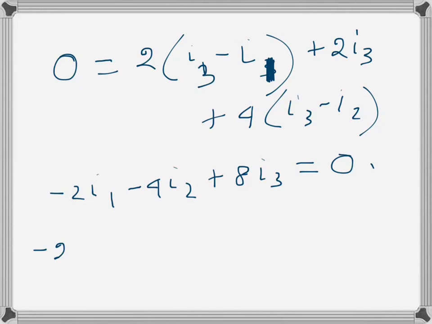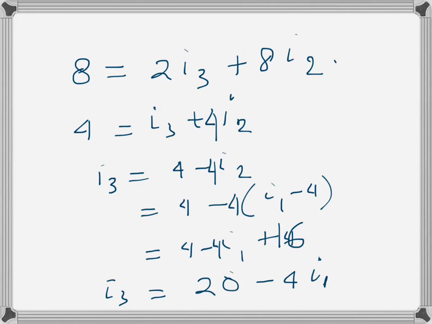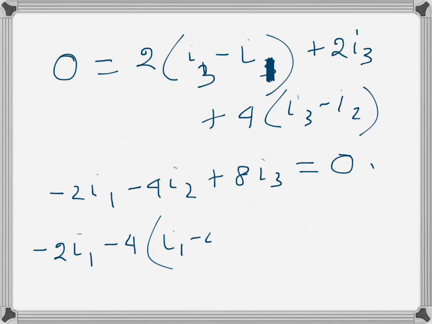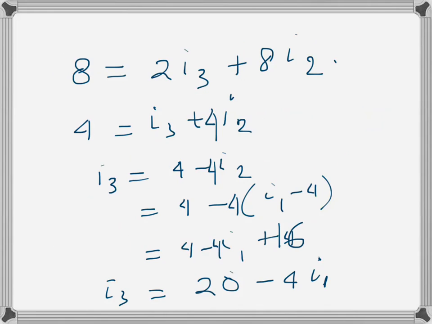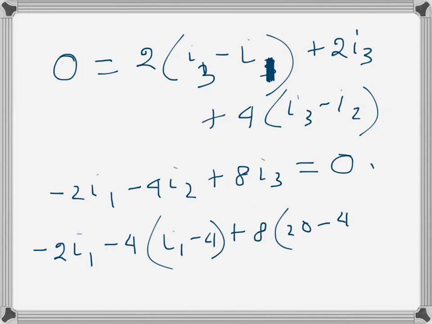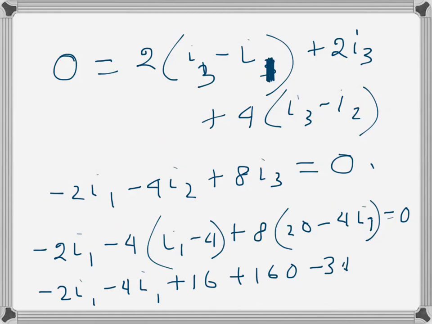Now we can write everything in terms of I1. I2 is I1 minus 4, and I3 is 20 minus 4I1. So that's minus 2I1 minus 4I1 plus 16 plus 160 minus 32 I1 equals 0.